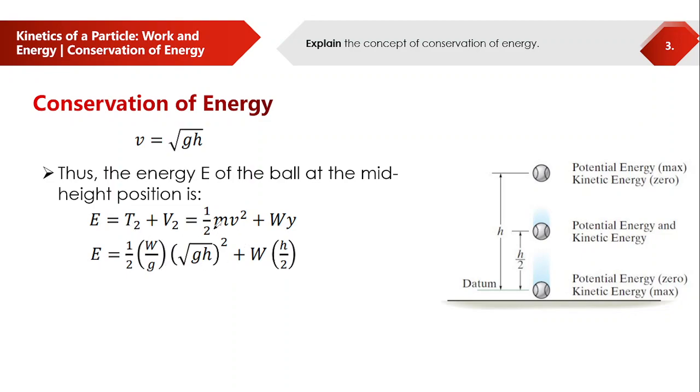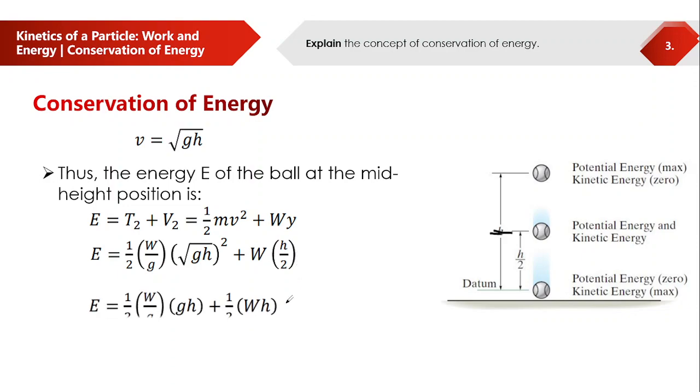Solving for the mass, it is weight over g, W over g, which is weight over the gravitational acceleration, times the velocity na na-compute natin kanina, which is square root of gh. Now, this is your velocity sa kalagitnaan, no? Square that one kasi yun yung formula ng kinetic energy. Plus, for the potential, weight times h over 2.